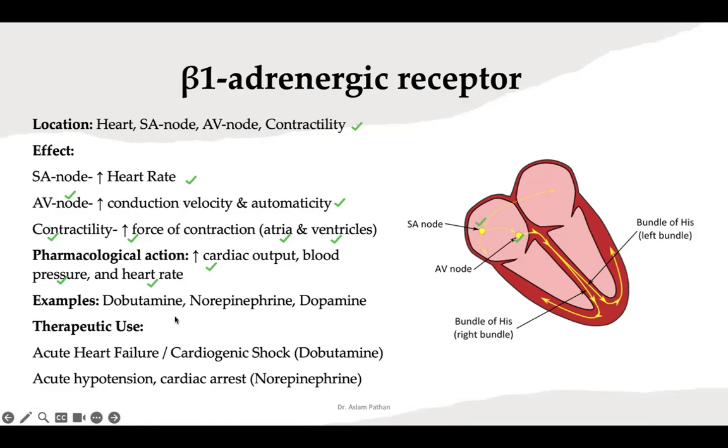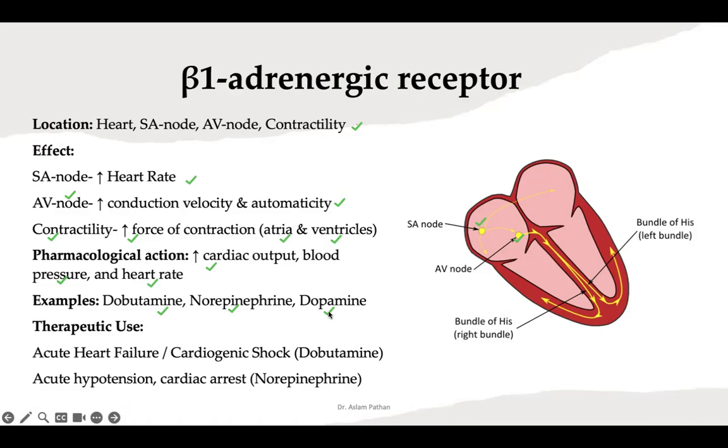The drugs that activate the beta 1 adrenergic receptors include dobutamine, which is a specific beta 1 adrenergic receptor agonist, norepinephrine, or we can say noradrenaline, and dopamine.